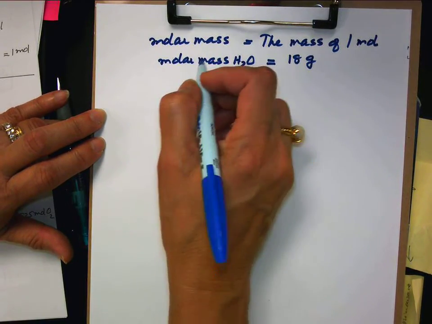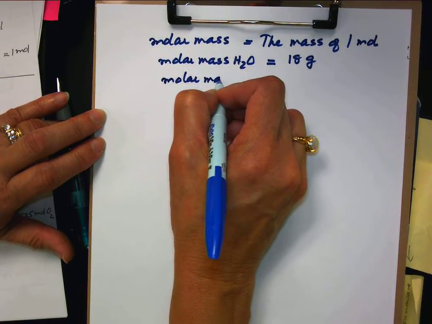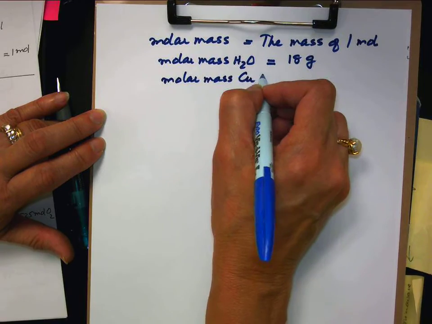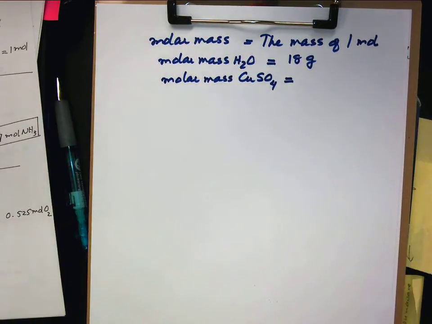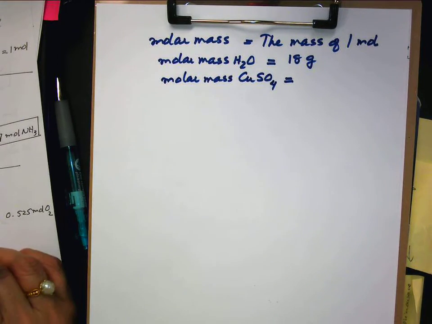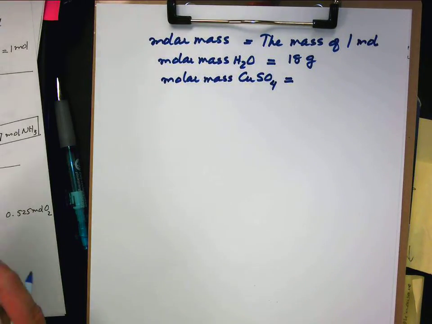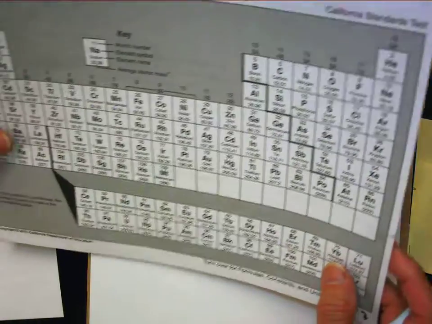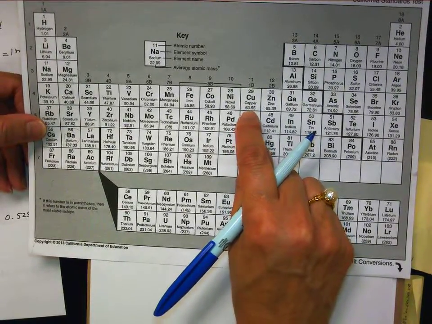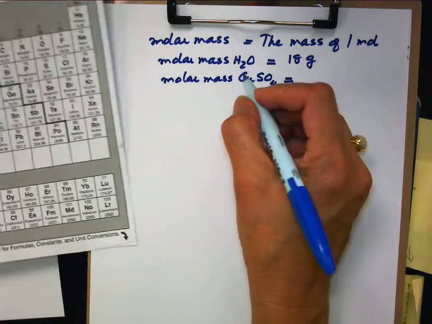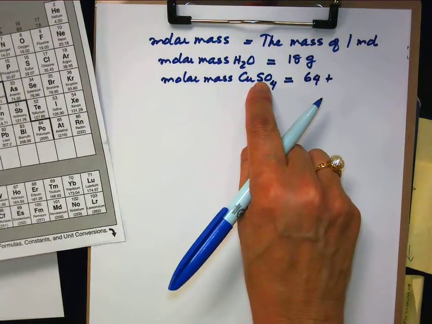All right, let's see the molar mass of copper sulfate, CuSO4. Go ahead and calculate this, please, by looking at the periodic table. So copper, where's copper? Right here, round it up, 64. All right, so copper weight is 64 plus, find the sulfur weight.